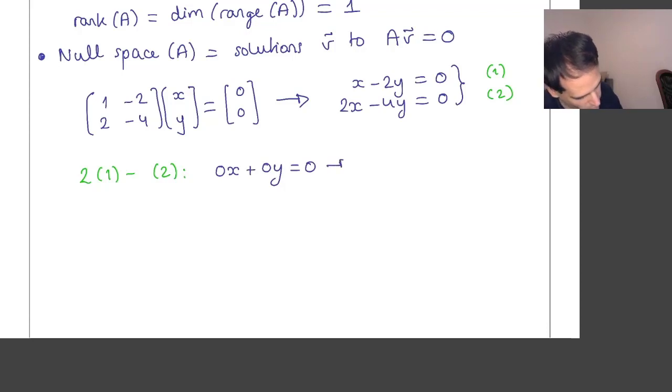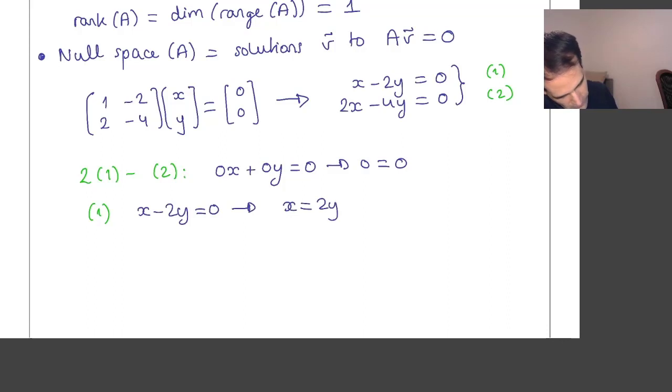So we end up with 0 equals 0, which means that one of the two equations is redundant. Okay? So this means that we can just use equation 1 to find that x minus 2y equals 0, and therefore x equals 2y. And this is our general solution to this system.